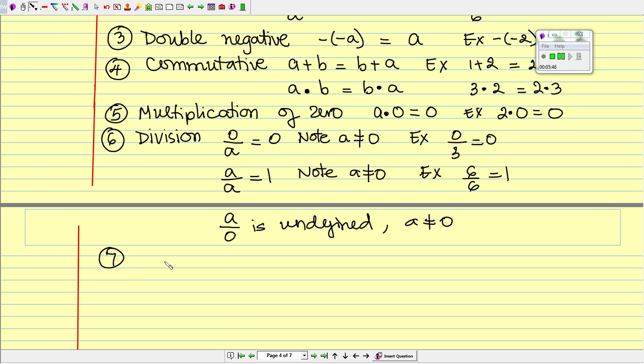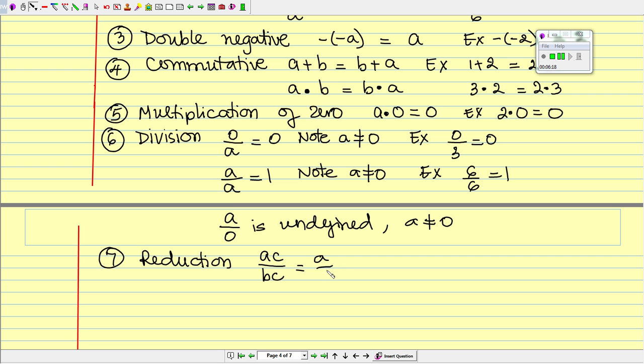Property number 7 is the reduction. If I have this rational number, and the factors of the numerator are A and C, and the factors of the denominator are B and C, you can cross out the C, or divide by C both.